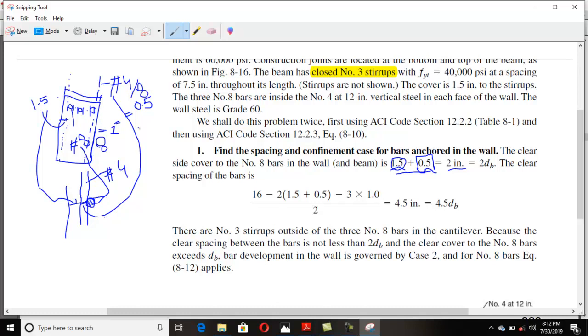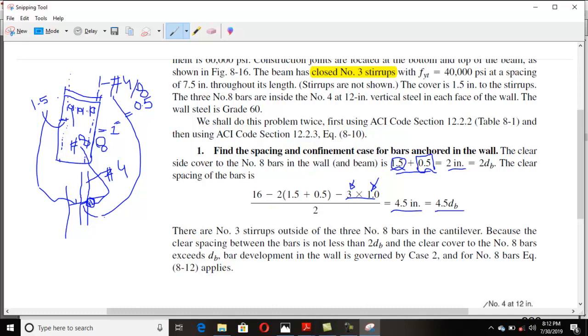Okay. So these 3 are the number of bars, and this is the diameter of that bar. Okay, and divided by 2 you will get 4.5 times the diameter of the bar.